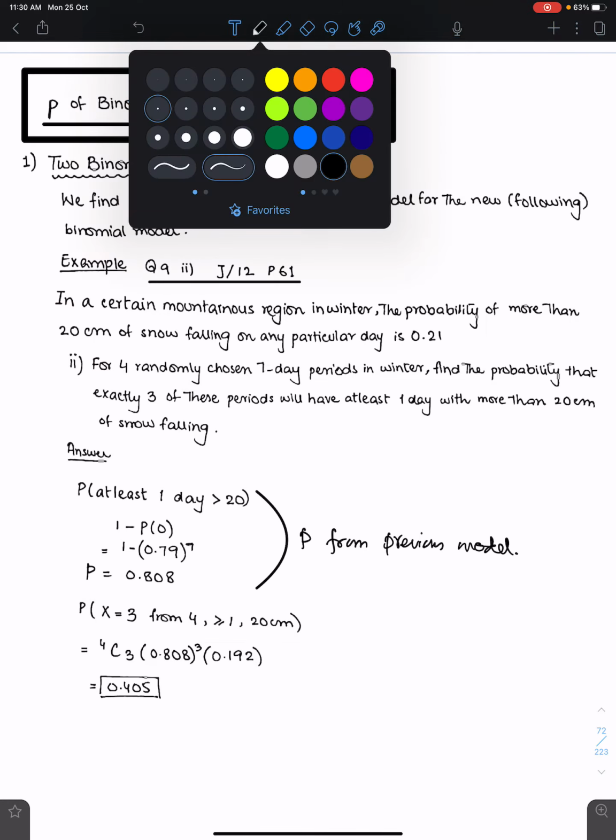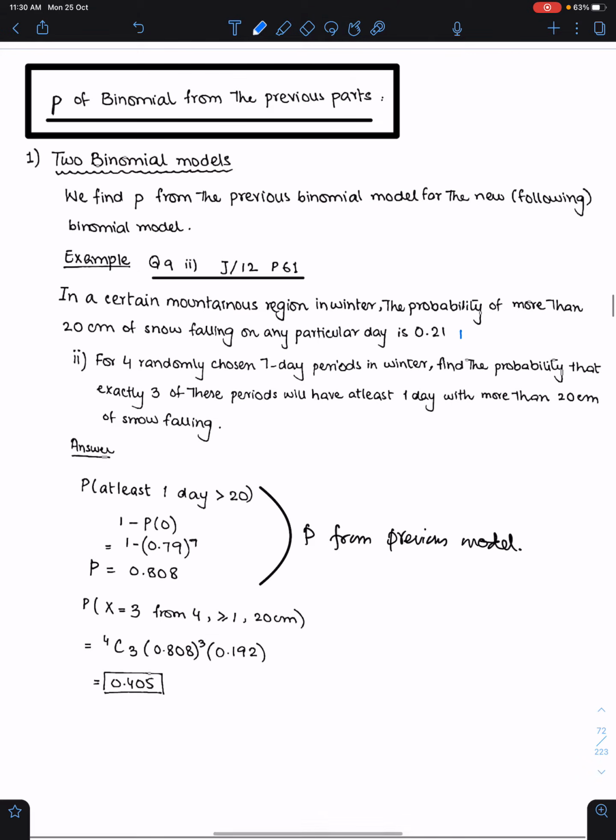This means probability x greater than 20 is 0.21. This information is given. More than 20 centimeters of snow falling on any particular day is this. This statement means this equation.